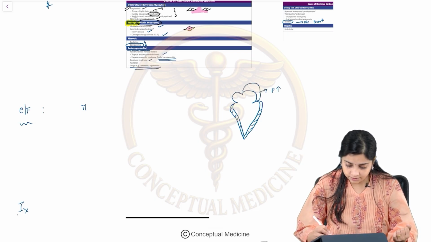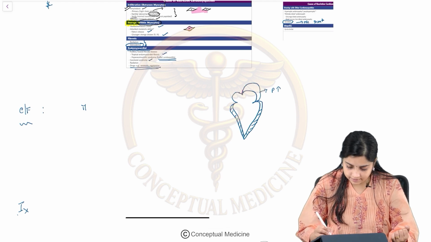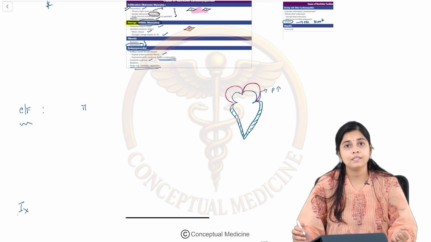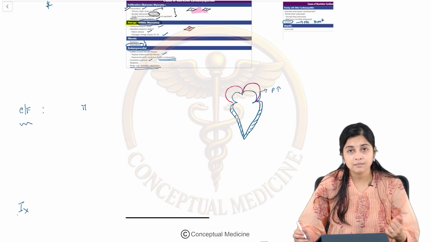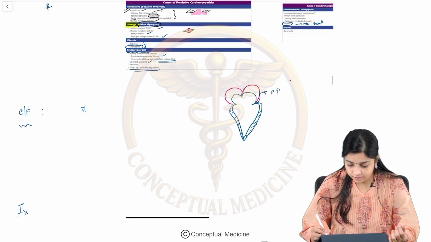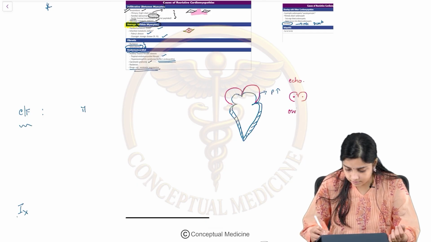What happens to the atria then? They become massively dilated. So you can find massive dilatation of the atria, which is also called biatrial enlargement, and on the echo this is also called as what? This is also called the owl's eye appearance.